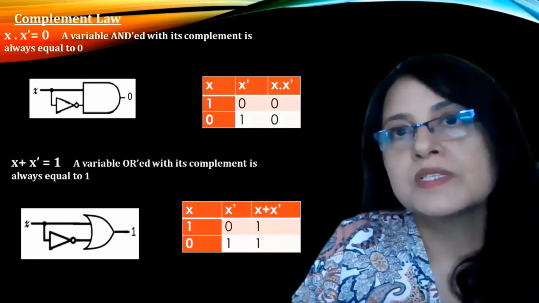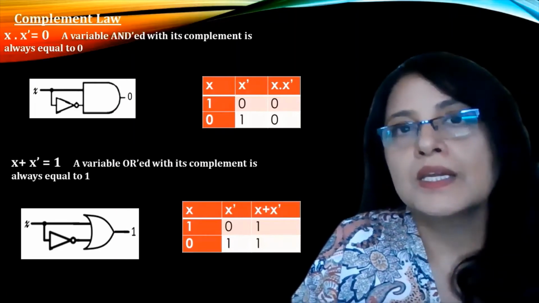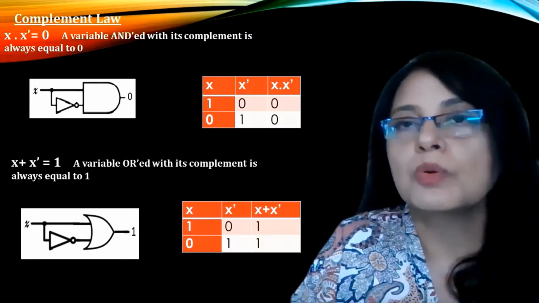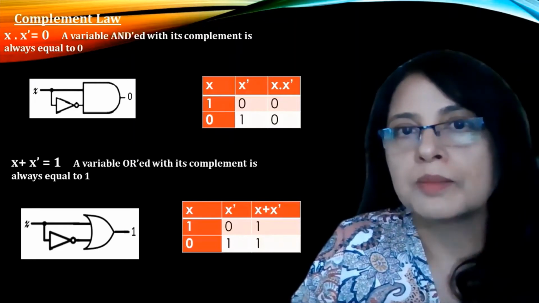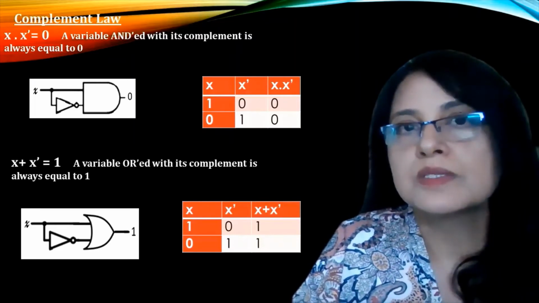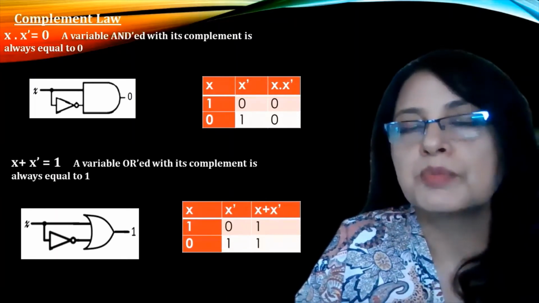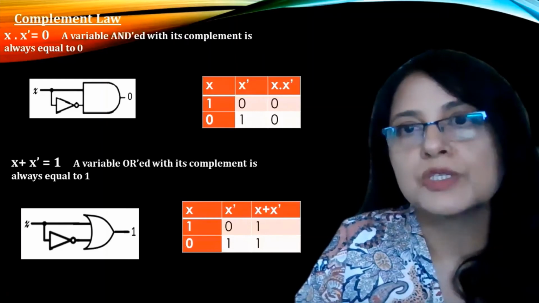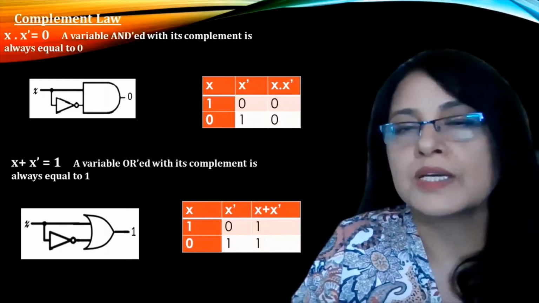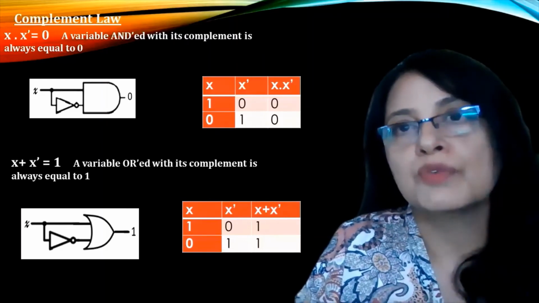And this will always end up as 0. And in case of OR, if we take the complement, it will always end up as 1. So if you see the circuit, one input is X and the other input goes through a NOT switch. That means it will be the opposite of X.